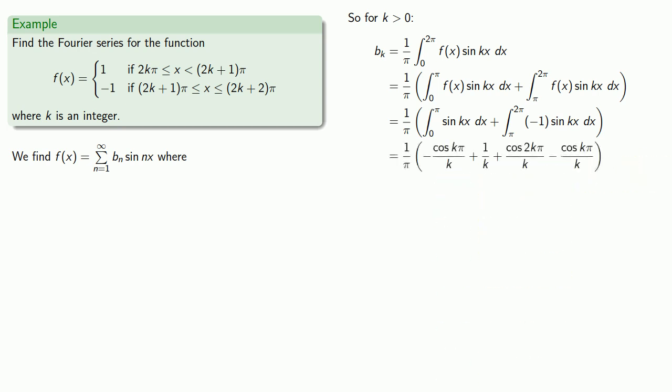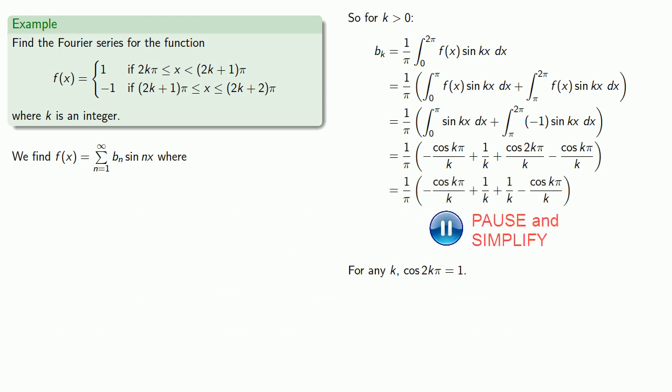And it's worth noting that for any value of k, cosine of 2k pi is going to equal 1. And so we can simplify our expression a little bit. Again, if it's not written down, it didn't happen.